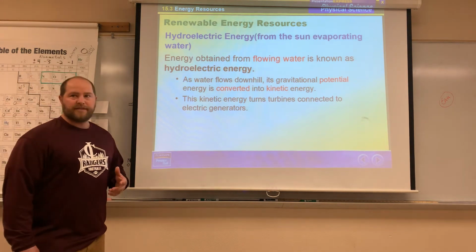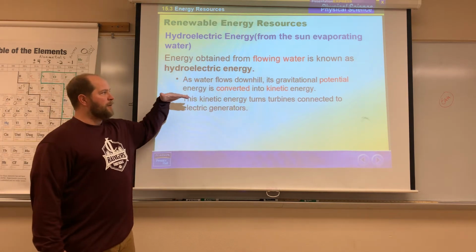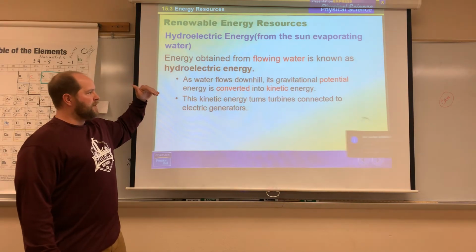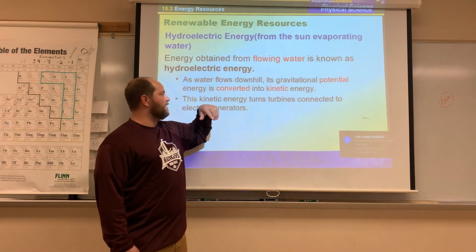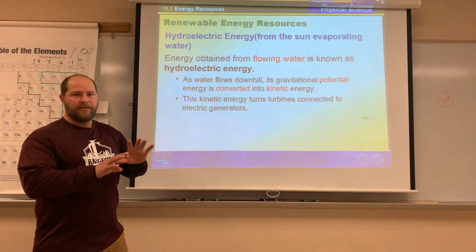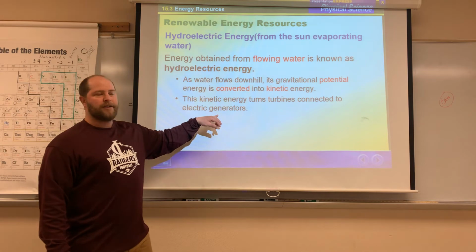Water uphill has gravitational potential energy. It moves downhill, so it has kinetic energy because it's moving. Behind those dams there are turbines connected to electric generators, which give us our electricity.